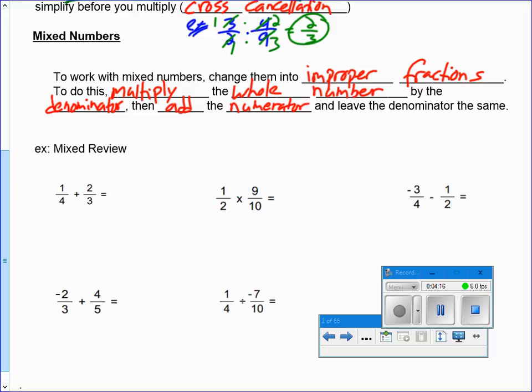For example, if we had something like 5 2/3, we would take the 5, the whole number part, multiply it by the 3, and then add the 2. So this would be 17 over 3.